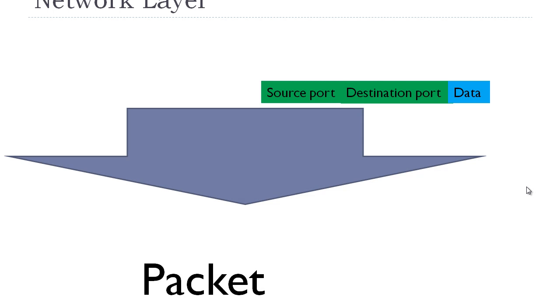On the network layer, the data is going to be called a packet, and this network layer is going to add what we call an IP address, a source IP address and a destination IP address. And this source IP address and destination IP address is going to help us find the host on the network.